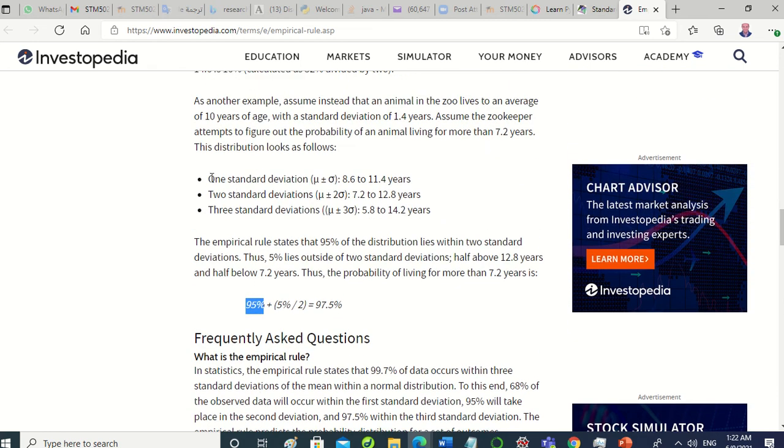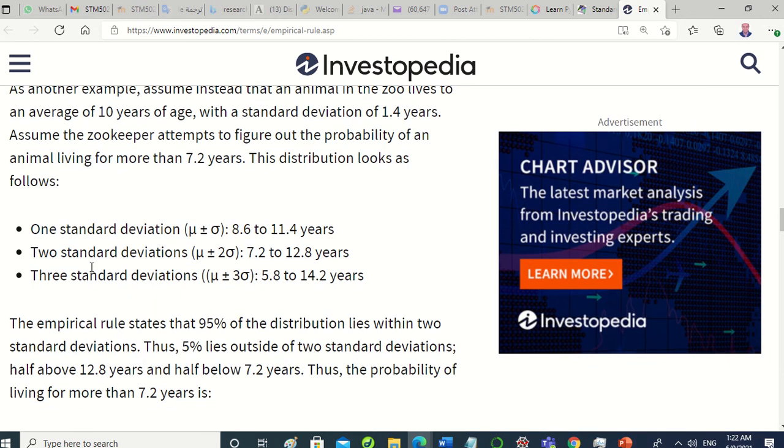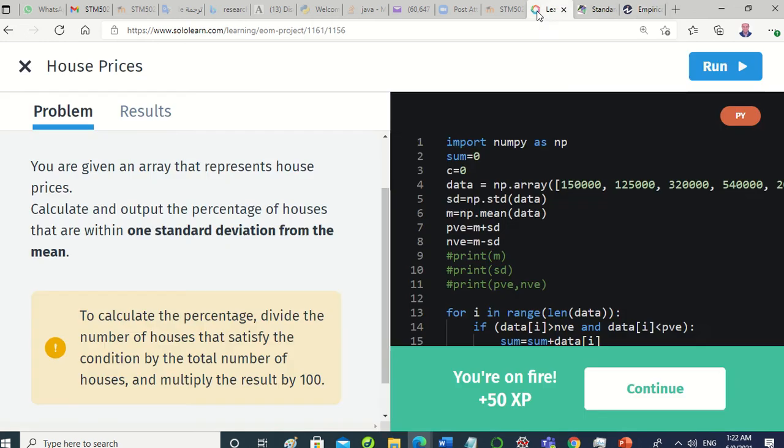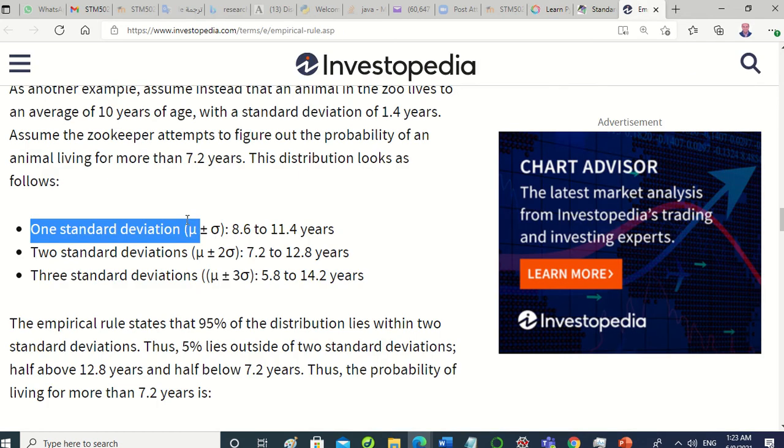But how to calculate it? With this equation. The equation is very important. I will enlarge this equation to see it. And these equations are very important. In our case here, we need to calculate the one standard deviation from the mean, so we will use this equation.